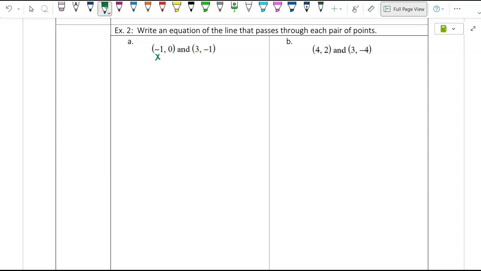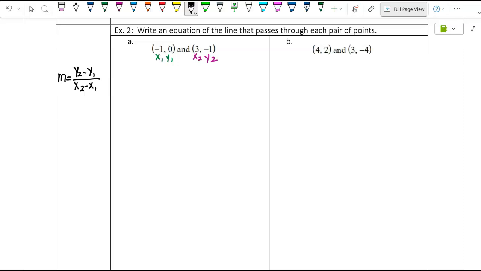So again, we're starting off with our x1, y1, and our x2, y2. Just like we just did in the warm-up, we have to determine what is the slope of the line. So again, m equals y2 minus y1 divided by x2 minus x1.